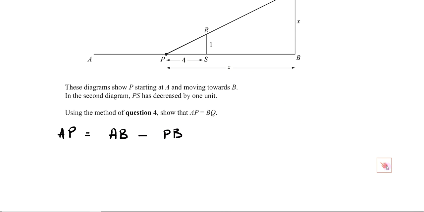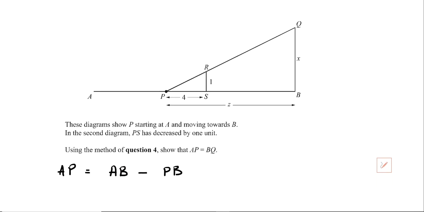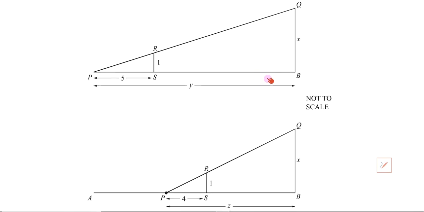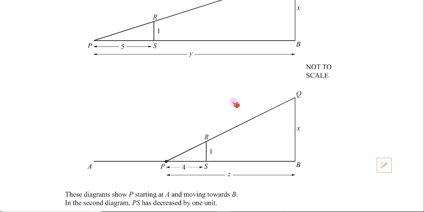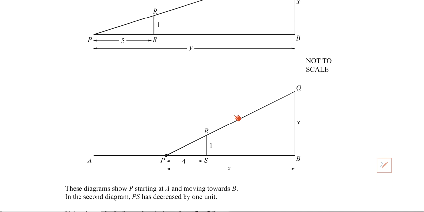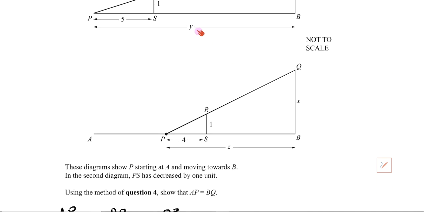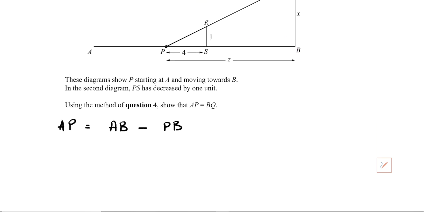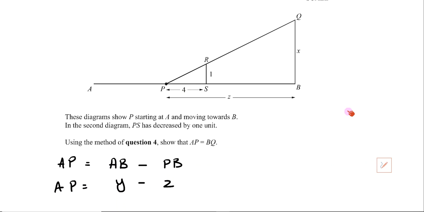So what did we have up here? Actually, it's not PB, is it? Yes, it's PB. So PB would be y. So we've got y take away. Is that okay? And then you know that y equals 20 and z equals 16. So AP equals 4, because that's 20 to 16.